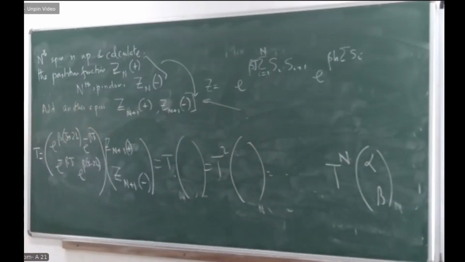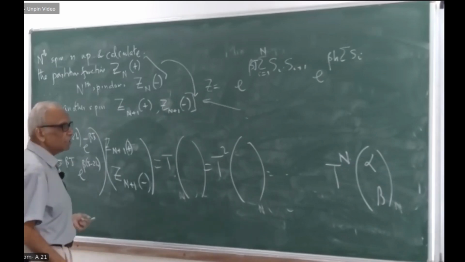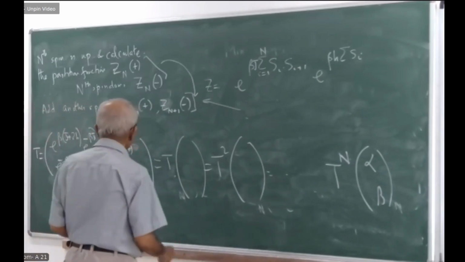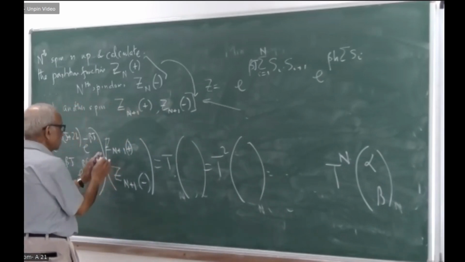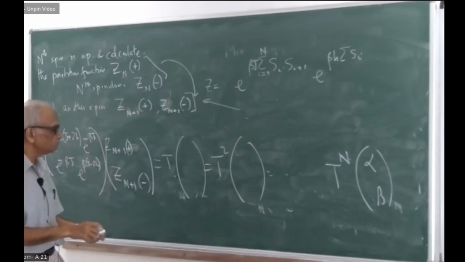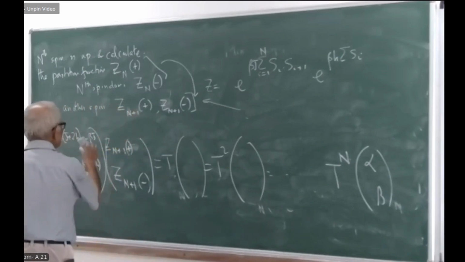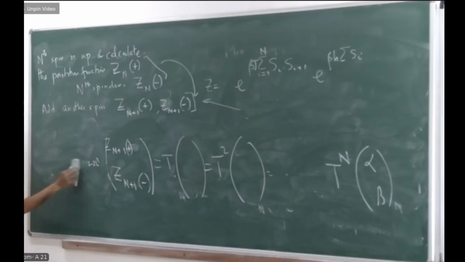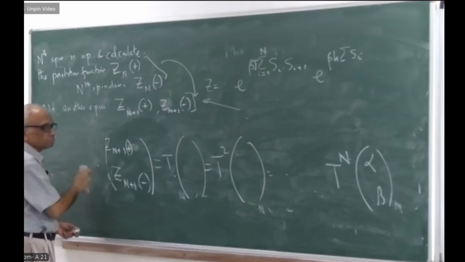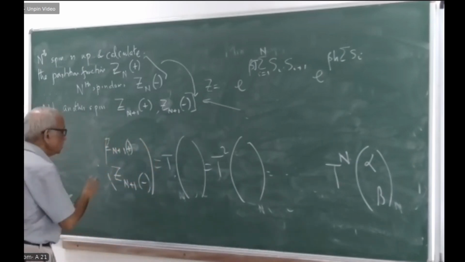All right. So the transfer matrix is for this T, and you calculate this quantity Zn plus 1. So this is this vector at this stage.